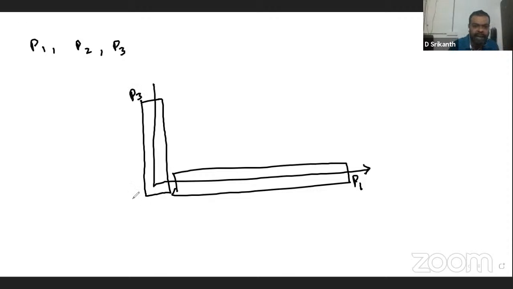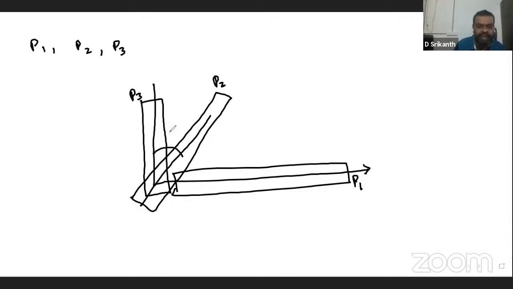P2 is kept at an angle of 60 degrees with respect to P3. So 60 degrees with respect to vertical means, with respect to horizontal, 30 degrees.